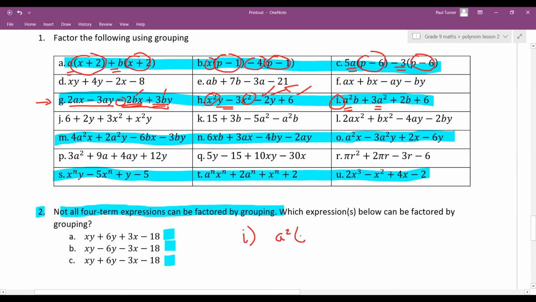So a squared, you are left with b plus 3, plus, keep your sign, plus, common factor between 2b and 6 will be 2. And you are left with b plus 3 again, like that. So your common factor is b plus 3. Put it in the front and see what you're left with. A squared plus 2 as the second factor. Okay, that's question I.